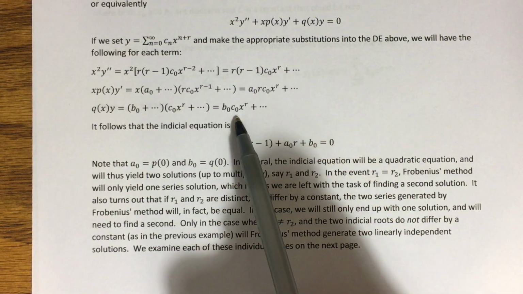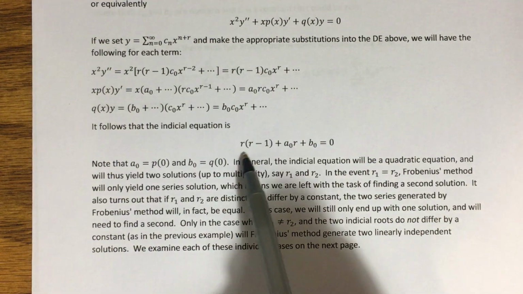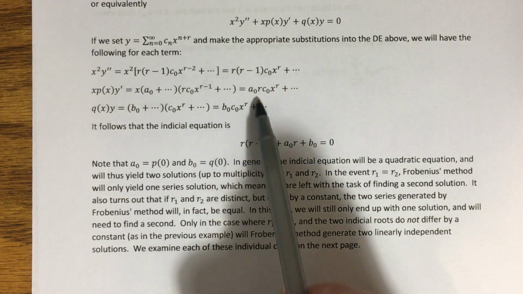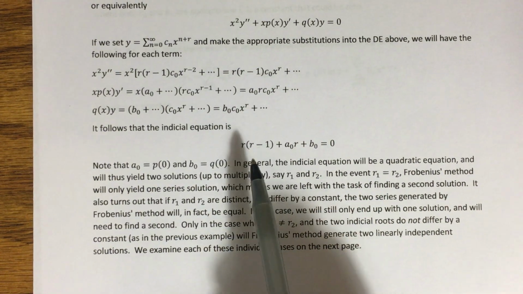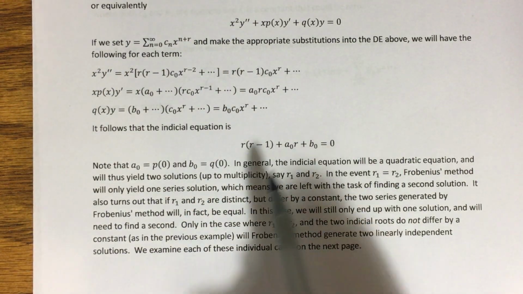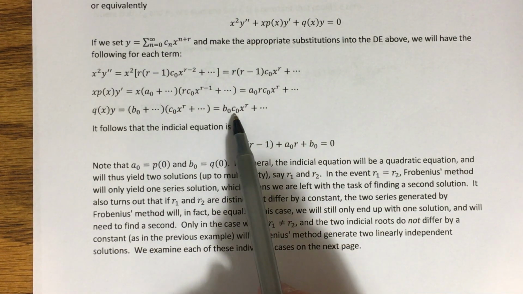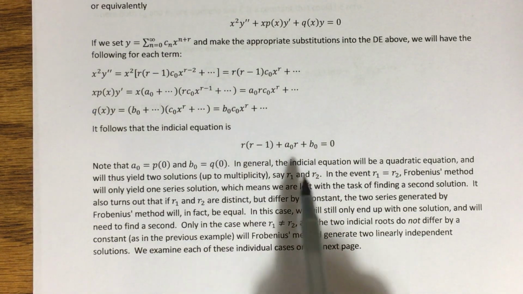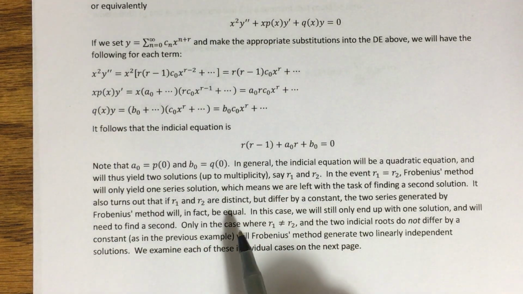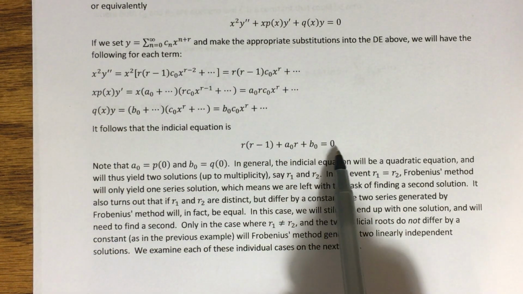They're all common, so I can add them together, giving me this times c naught x to the r. The indicial equation just gets rid of the c naught and the x to the r and leaves me with this. So again, these three terms, when added together, and we discard the c naught and the x to the r, give us this as our indicial equation: r times r minus 1 plus a naught r plus b naught equals 0.